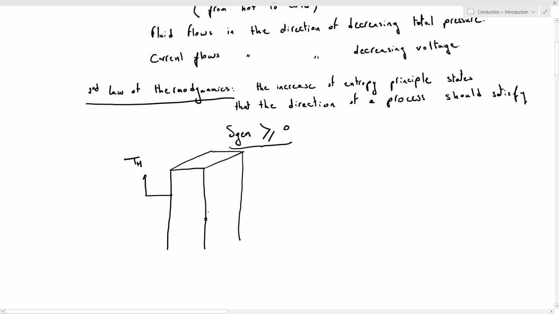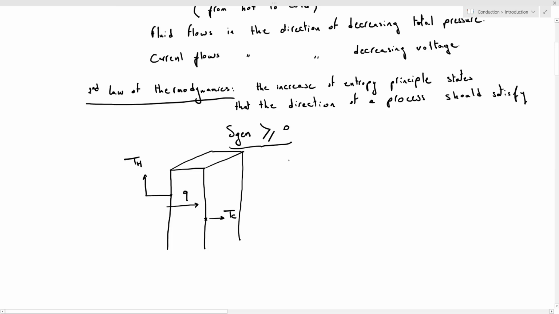And this side is at a lower temperature, T cold, subjected to indoor conditions. We have an air conditioned room, and the temperature of this side is less than T hot. As we said, the direction of heat transfer is always from hot to cold. So the Q, the heat transfer rate, is from T hot to T cold.